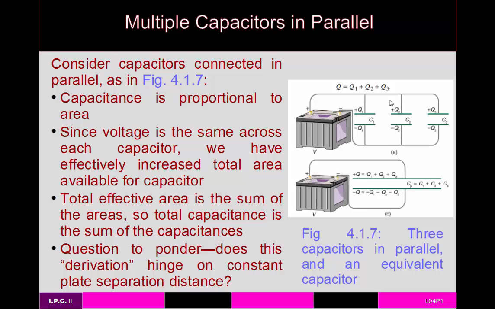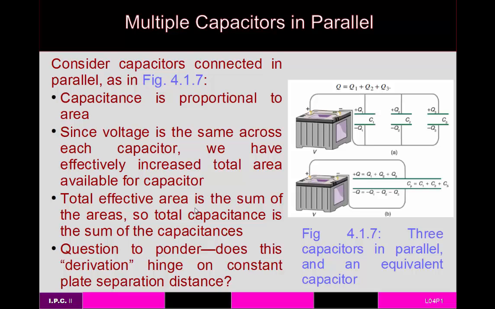So by having capacitor 1, capacitor 2, and capacitor 3 all together in parallel, you've increased the effective area of the plates upon which charge can be stored. And so therefore the effective equivalent charge stored is the sum of the charges stored for the 3, the effective area is the sum of the areas for the 3, and the effective capacitance is the sum of the capacitances for the 3.